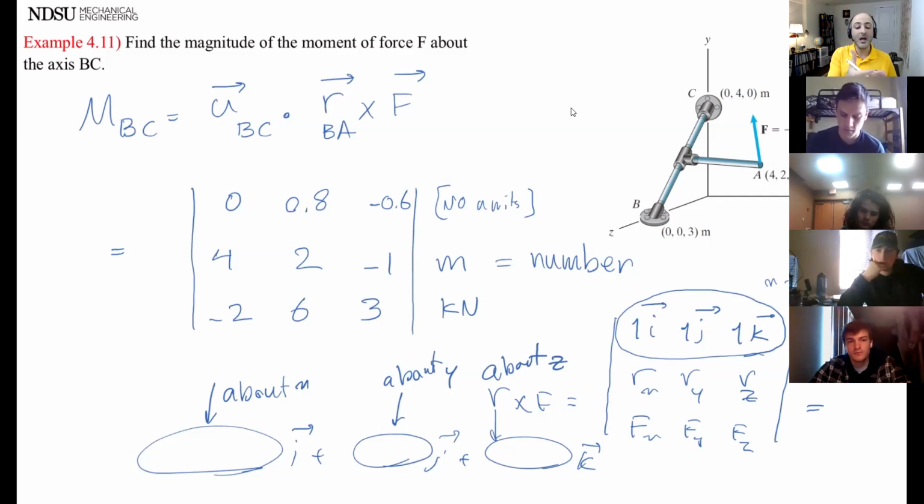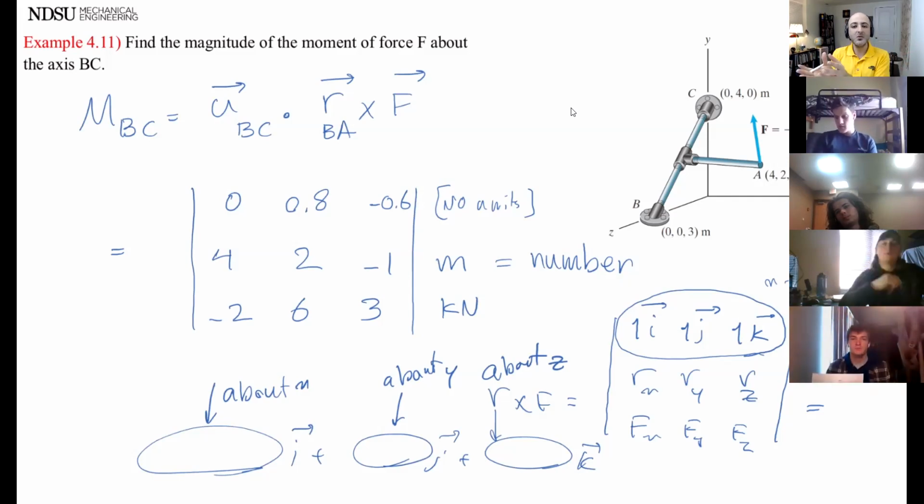Now it's not about X, Y, Z. It's about an arbitrary axis, so we have to put the unit vector of that axis on there. I want to put these two next to each other so you see they're pretty much the same thing, but one gives you about X, about Y, about Z, and the other gives you about any axis that you want, okay? Questions? You guys do the math on this one. It's just a simple determinant that you should be able to find.